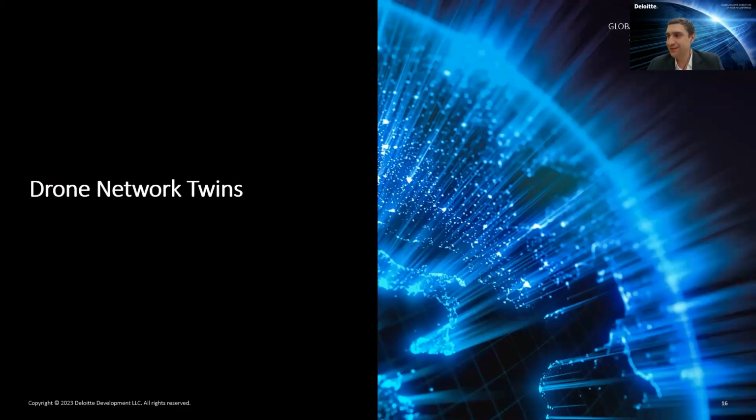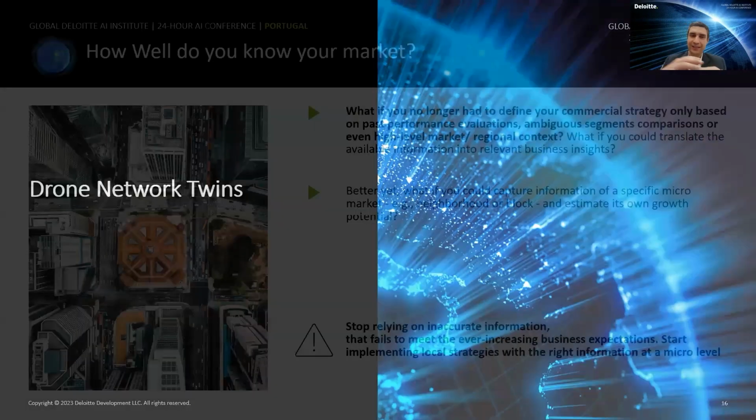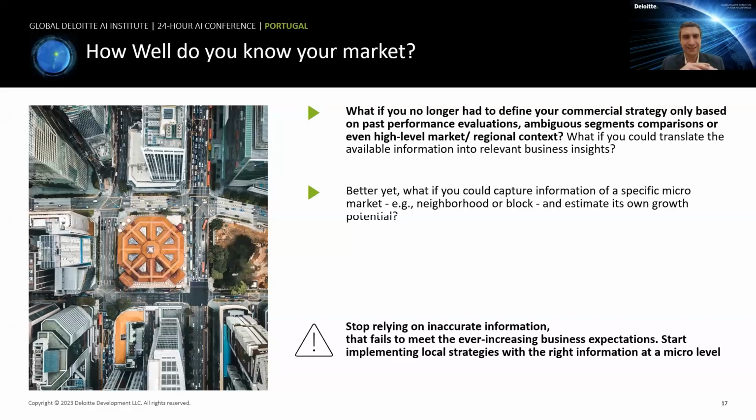Let me start by explaining a bit the context and why drone network twins is so important, and a bit about the challenge we were trying to face. So let's imagine the standard decision support models we have for branches in banking or any retail network, or all other industries.